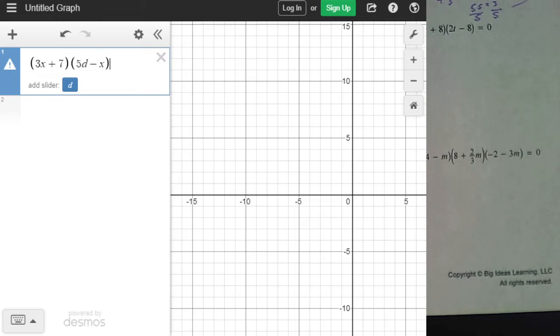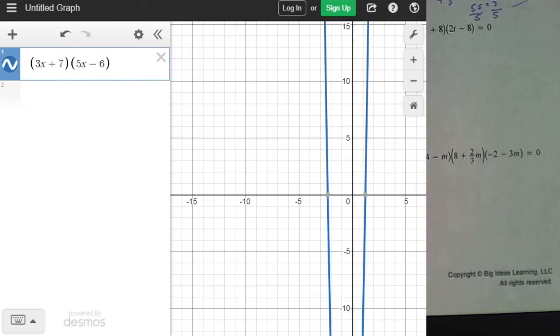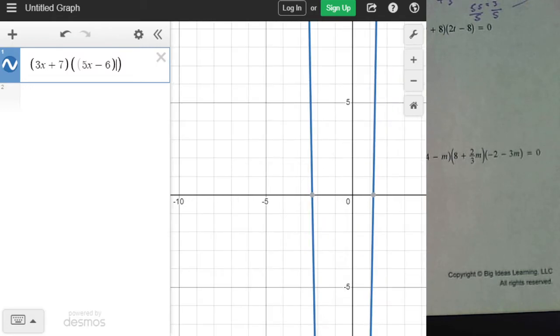Oops. There we go. I had it all sorts of confused. But you can see at negative 2.3 repeating, and then at 1.2 is where it crosses the x-axis.